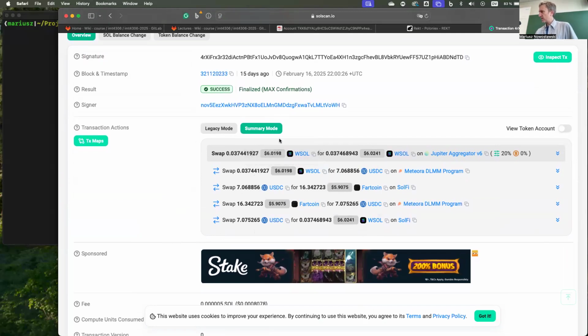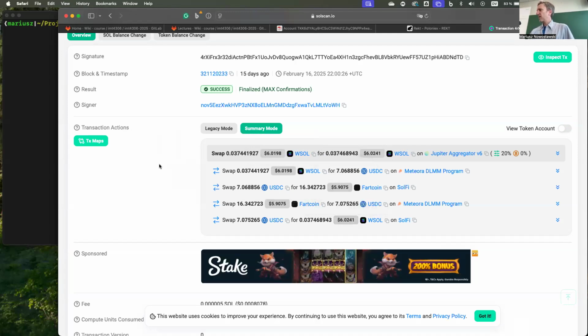And here we see that we have $6.02 almost, and then it's like $6.024, right? So it's like 0.4 of a cent the attacker made, right?